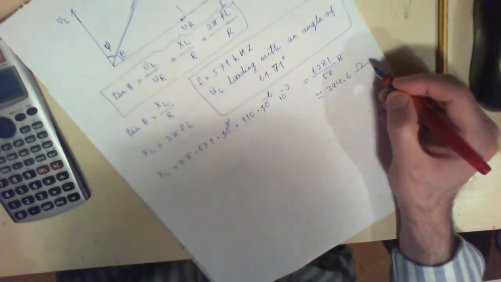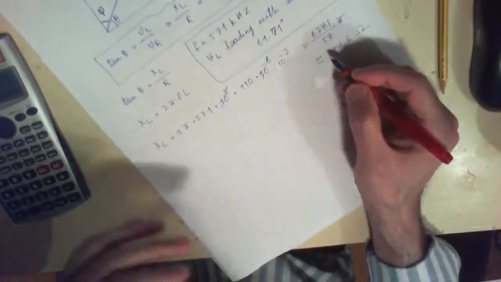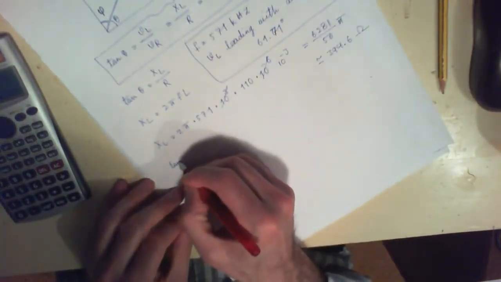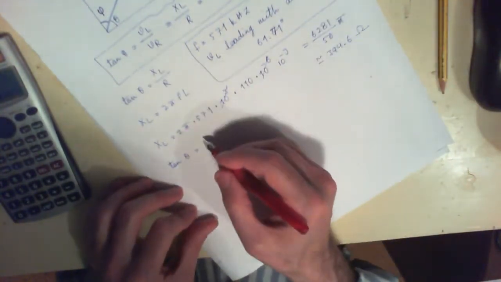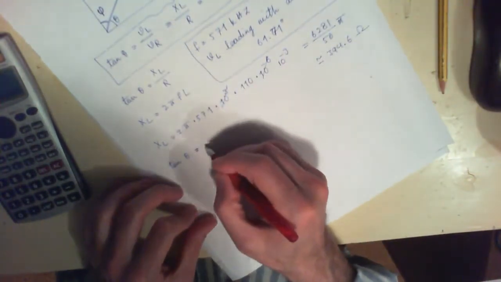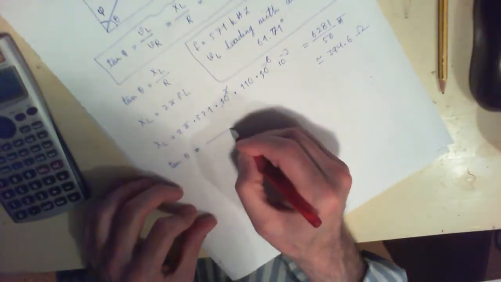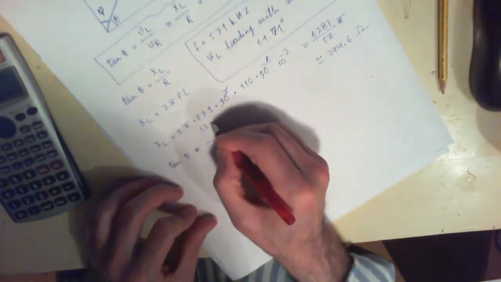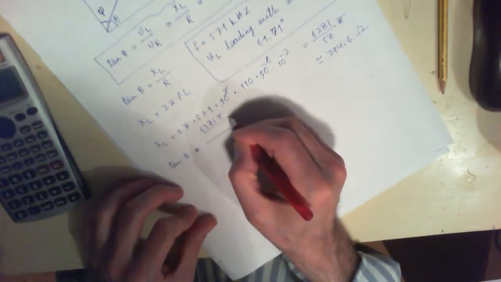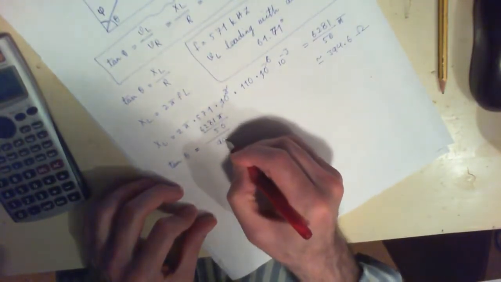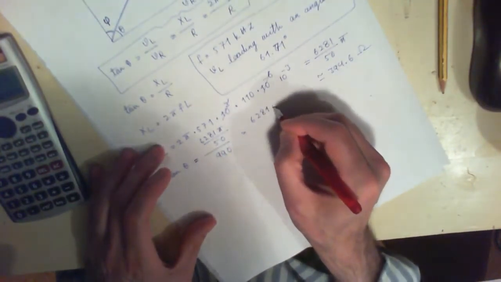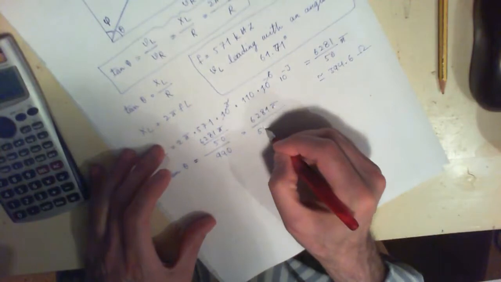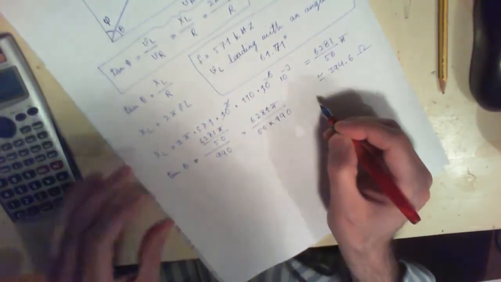Okay, so now my tan of theta is going to be equal to this thing divided by R. So this thing divided by R is equal to 6281 pi over 50, divided by 990, which is the same thing as 6281 pi over 50 times 990.